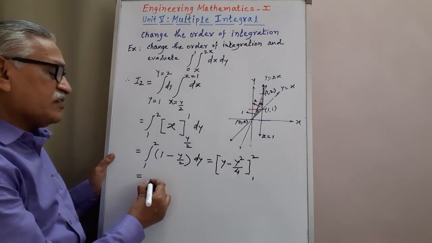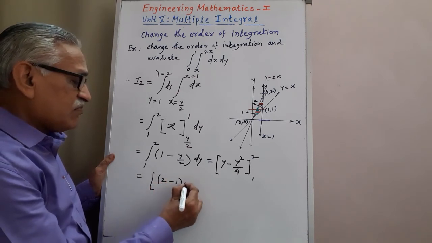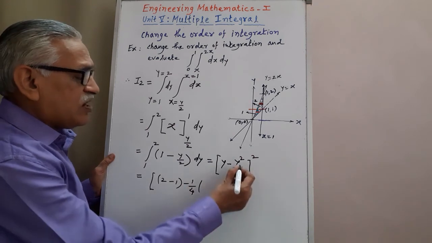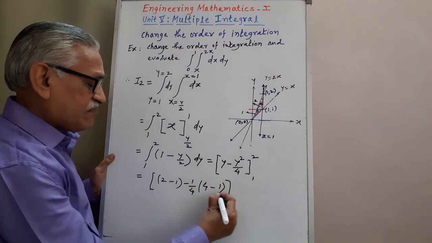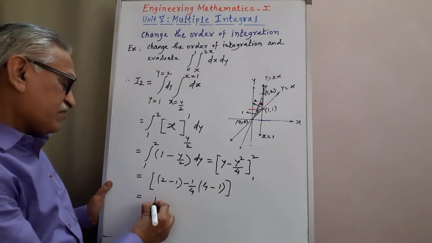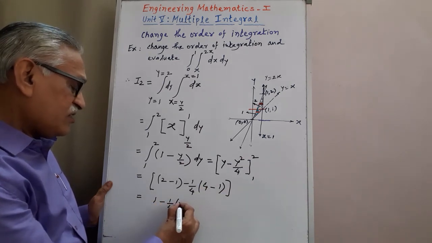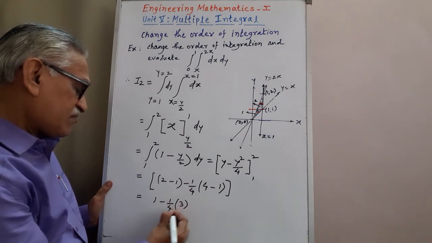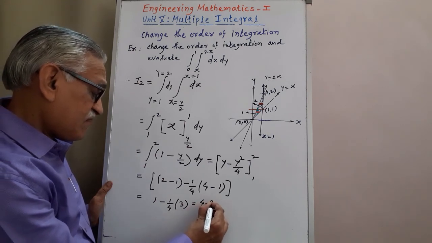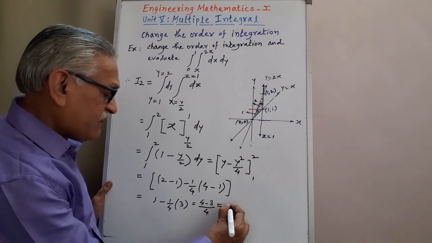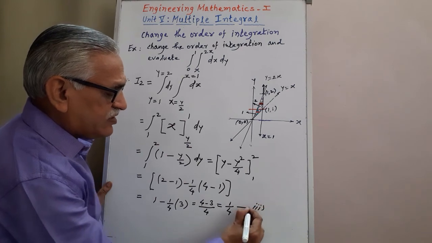Substituting the upper and lower limit, for the first term it is 2 minus 1, minus 1 by 4, upper limit square 2 square 4 minus lower limit square 1 square, and therefore 2 minus 1 is 1, minus 1 by 4 times 4 minus 1, we get 3 by 4. 4 minus 3 by 4, we get that value as 1 by 4, the value of that I2.